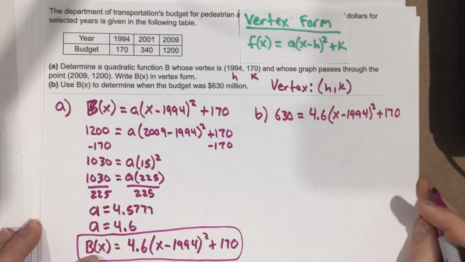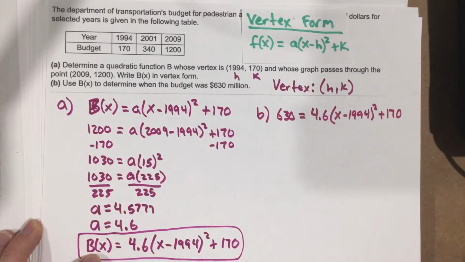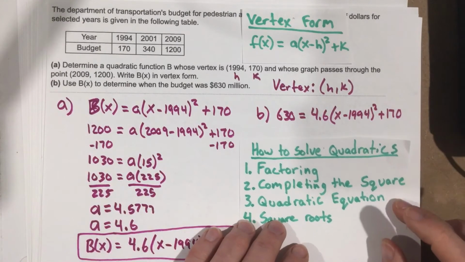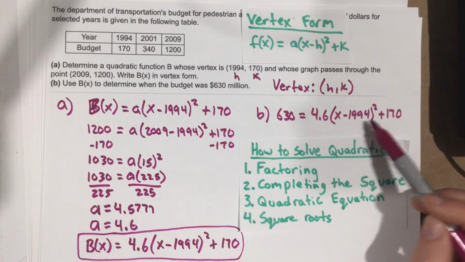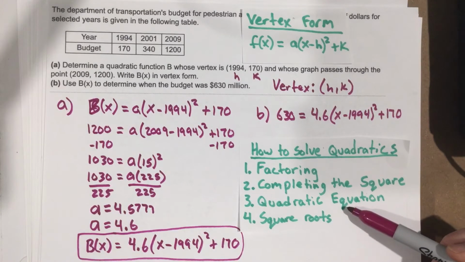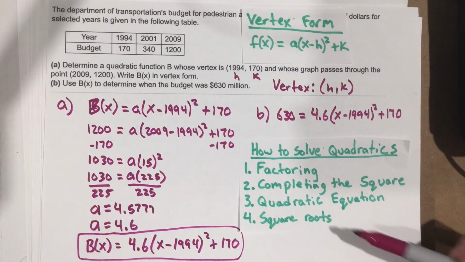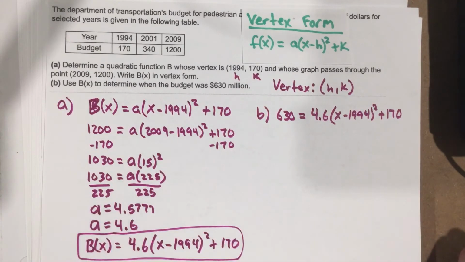Now they're doing us a favor here because they're giving us a quadratic, but because they have this (x minus 1994) squared, a perfect square, we're going to be able to use the square root method. We don't have to use the quadratic equation, factor, anything like that. So they actually made it pretty easy by putting this in vertex form.